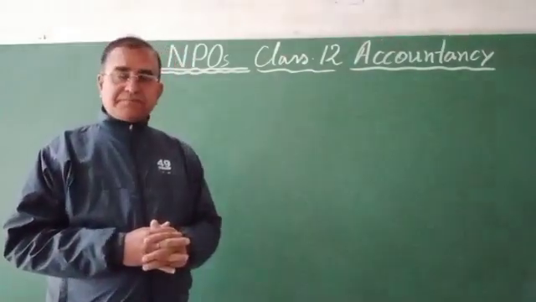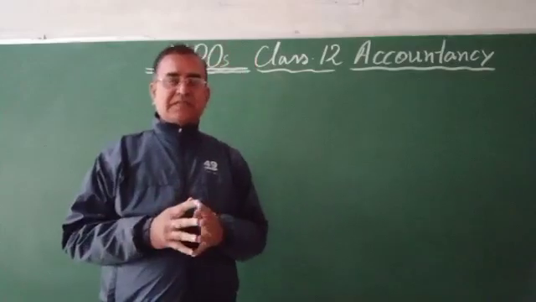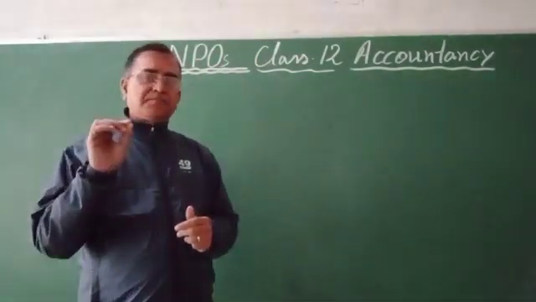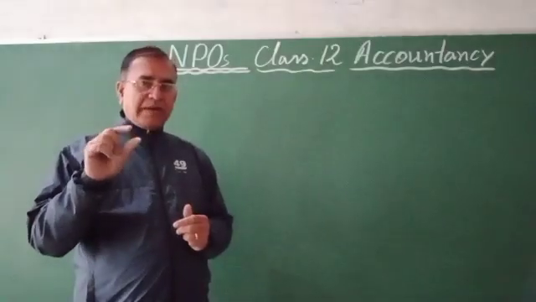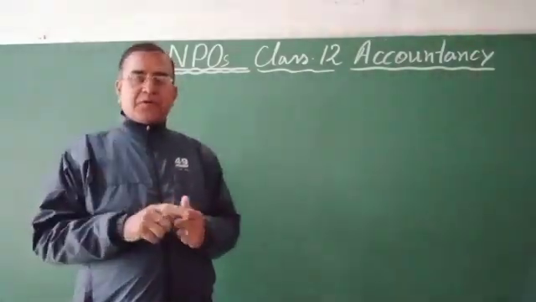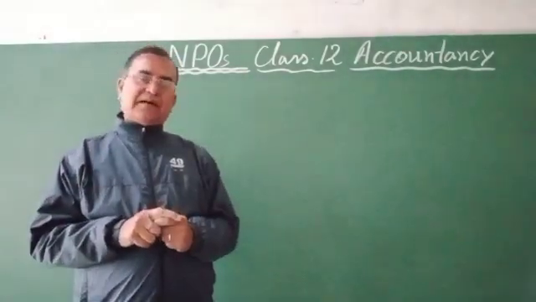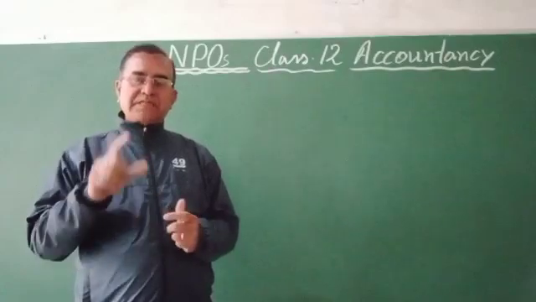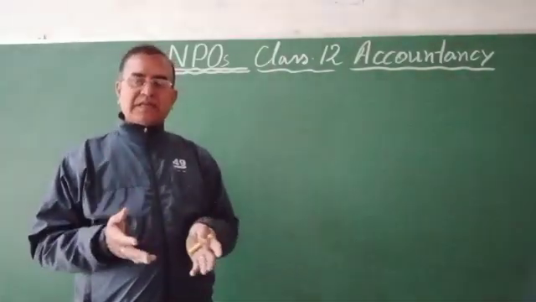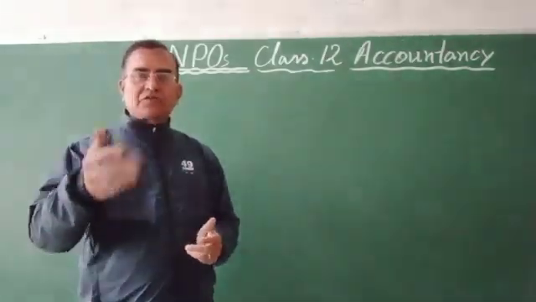Now, dear children, the main source of income of any NPO is the subscription contributed by the members of the organization annually, six monthly, three monthly, weekly, and so on.